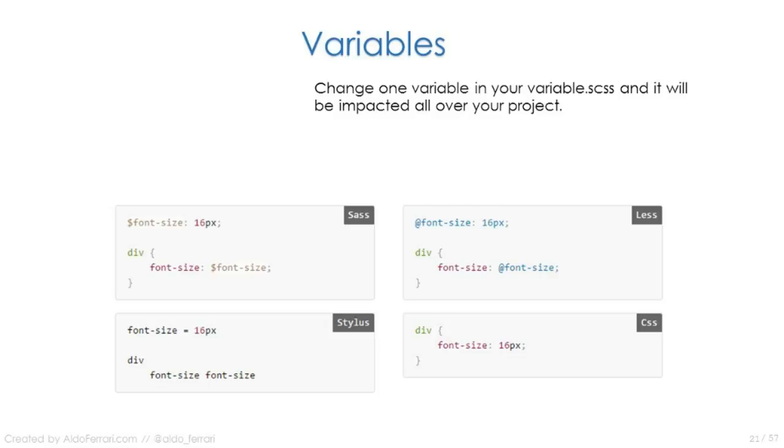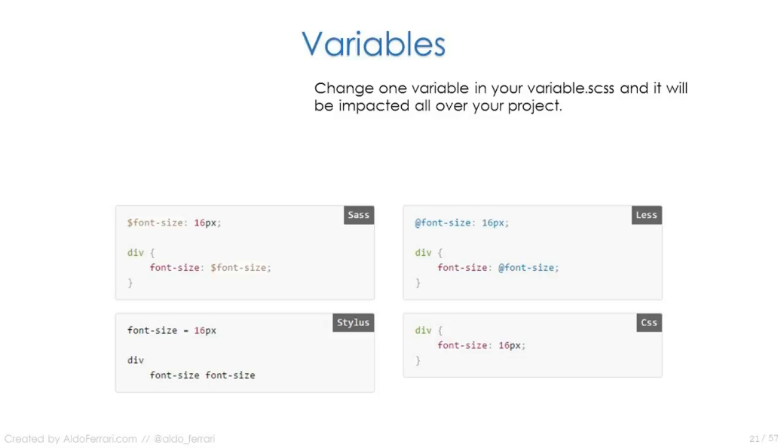It's trying to emulate CSS to help you be more productive and not have to learn a completely new language. As you can see, Stylus, for example, from the screen, you need to have proper spacing, otherwise you will have an error.